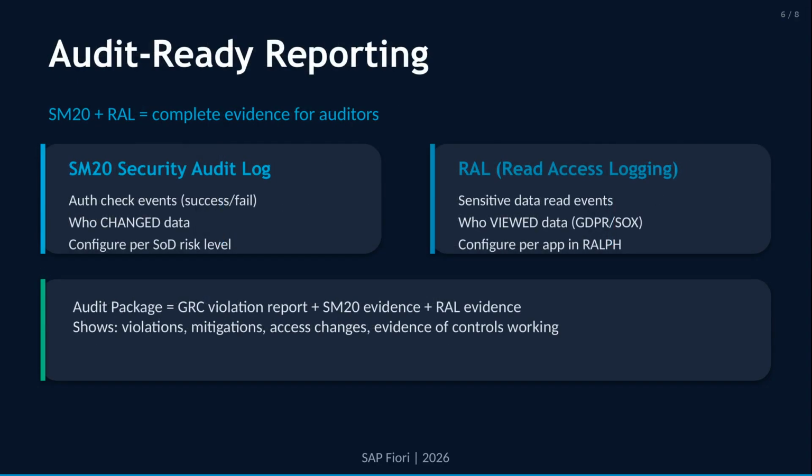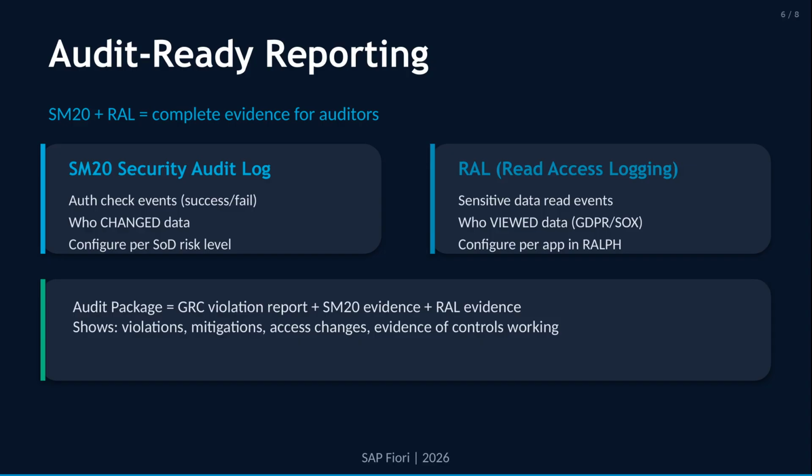Auditors need evidence, and Fiori SOD compliance requires, first, the SM20 security audit log, which captures successful and failed authorization checks at the system level. Configure SM20 to log all critical authorization object checks related to your SOD rules. Use the new format log file for better search performance.